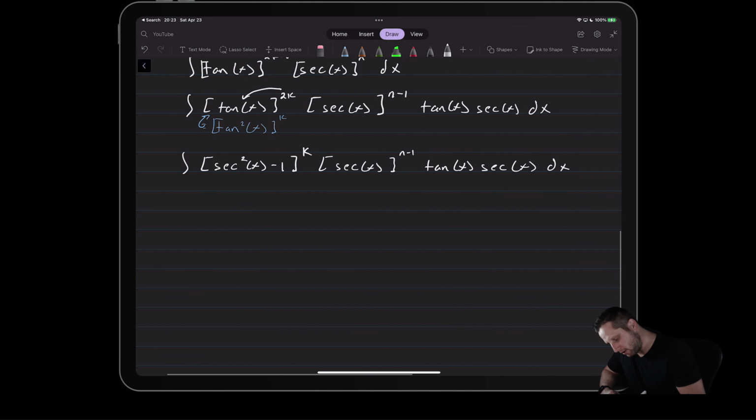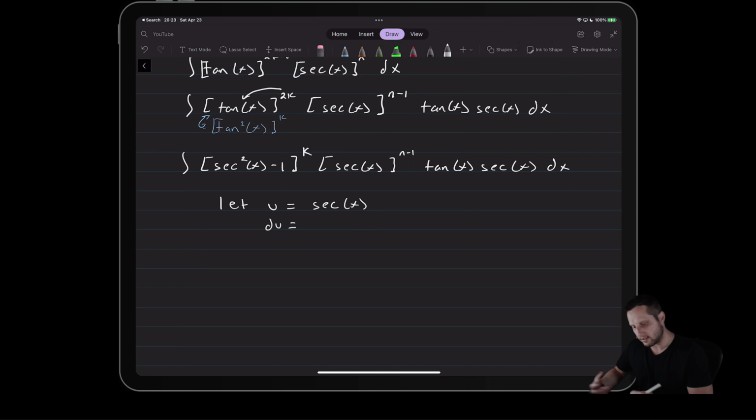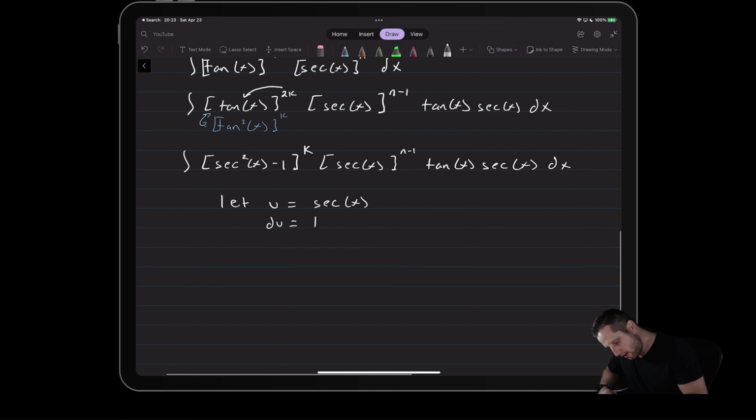Now I'm ready to make my u sub. I'm going to let u equal secant x, and then du is going to be equal to tangent x secant x, or secant x tangent x, either way, tangent x secant x dx. And then we have that term here.